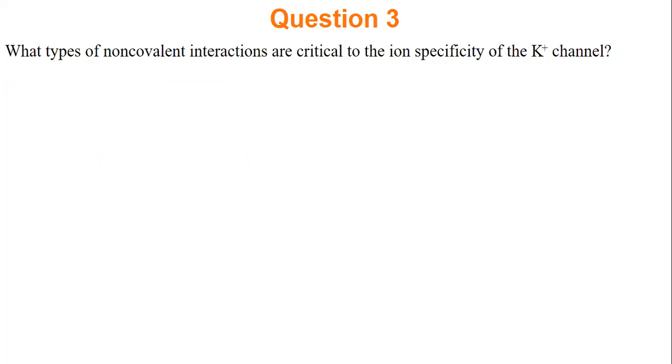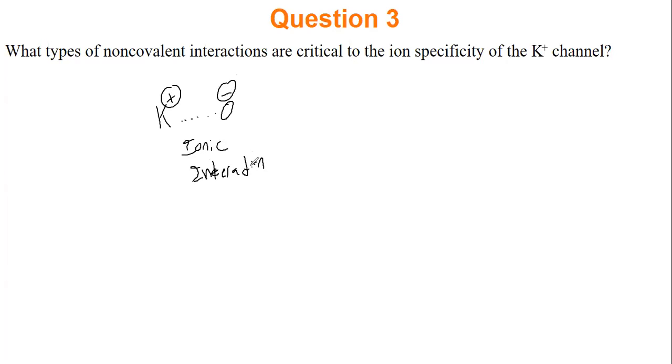So for potassium channels, as we talked about, what kind of non-covalent interactions? Since we just kind of answered this, I will answer it myself. The important type of non-covalent interaction here is an ionic interaction between positives and negatives.